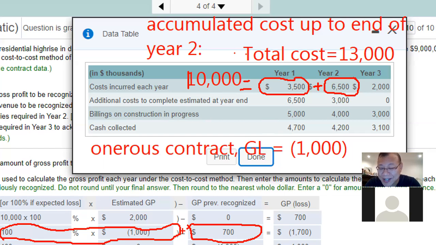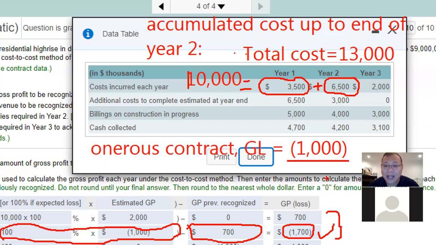So in year two, you have to recognize a $1.7 million loss, right? Together, the first year you have a profit of 700,000, and the second year you have a $1.7 million loss. Together, you have a $1 million loss, right? That's this one. Does that make sense?